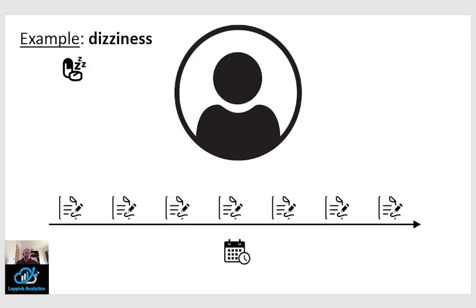Part of the reason why the patient contacted their GP is because they believe that the dizziness started since they began taking a new type of sleeping pill. That is, the patient's impression is that every time they take a sleeping pill before going to bed, they wake up dizzy the next morning.